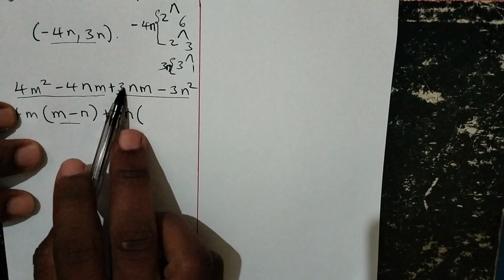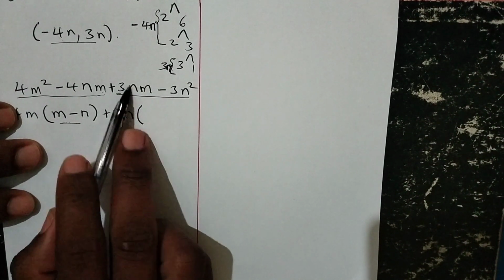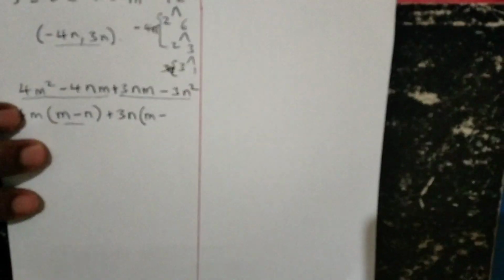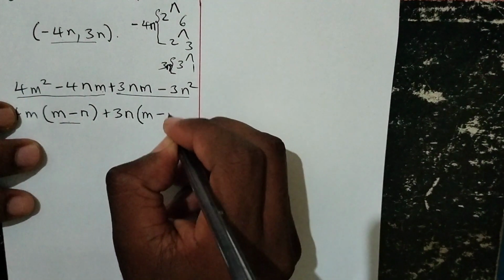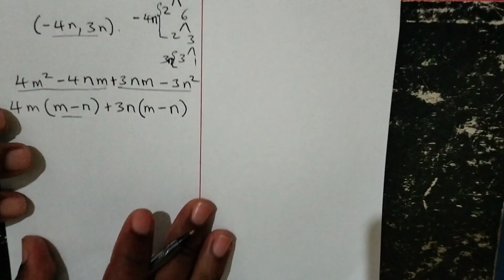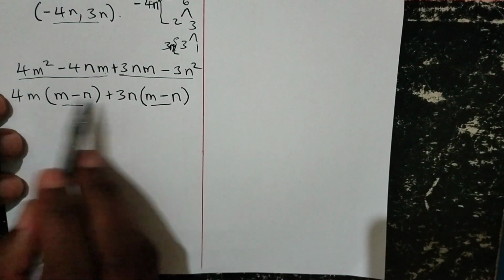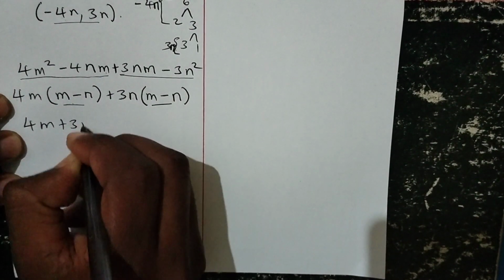So this will be 3nm divided by 3n, so the 3n and 3n will cancel so that I remain with m. Then minus 3n squared divided by 3n, the 3 and 3 will cancel, n will cancel with one n, so that I remain with n alone. So because these and these are exactly the same, I simply combine the 4m plus the 3n.